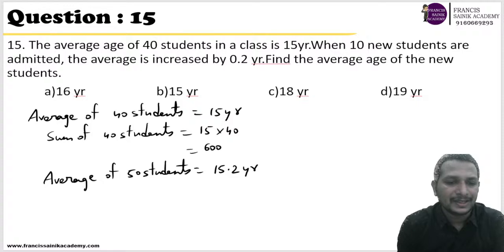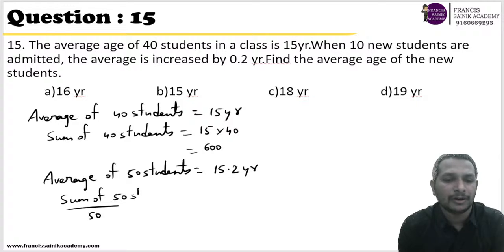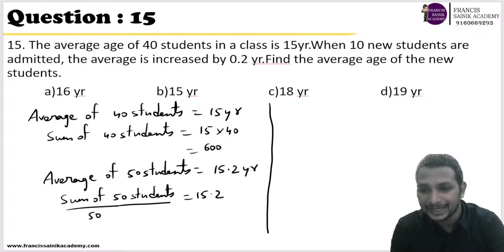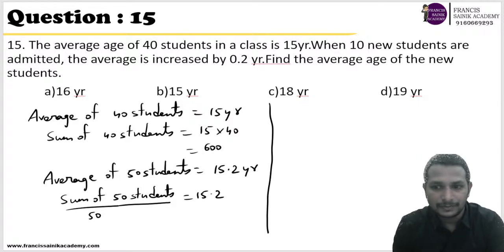So the sum of 50 students divided by 50 is the new average.